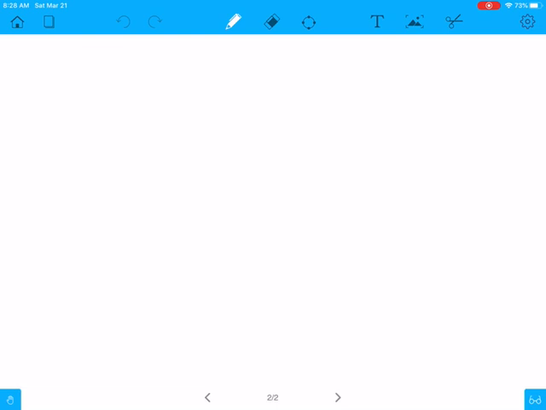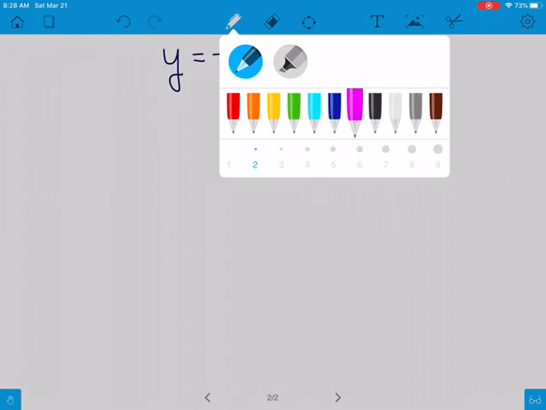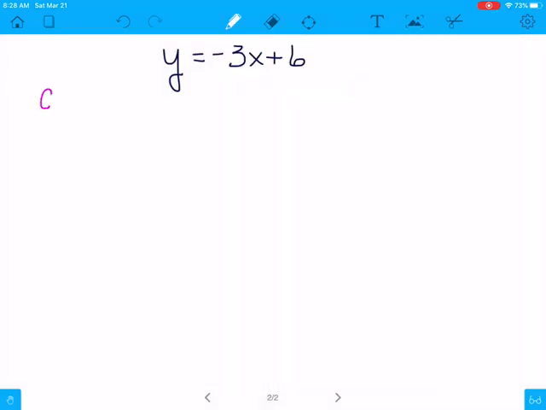So if we look at the equation y equals negative 3x plus 6, we know the constant is the number without a variable, so the constant is equal to 6.